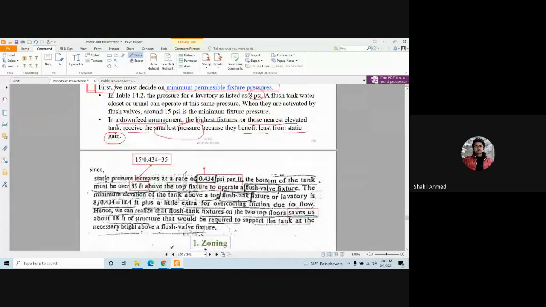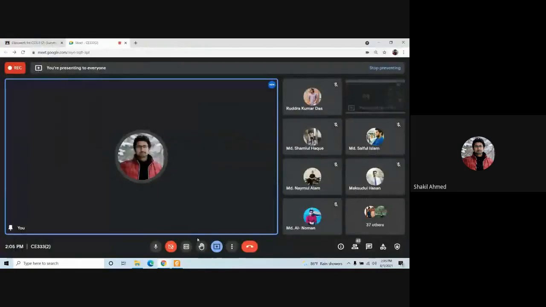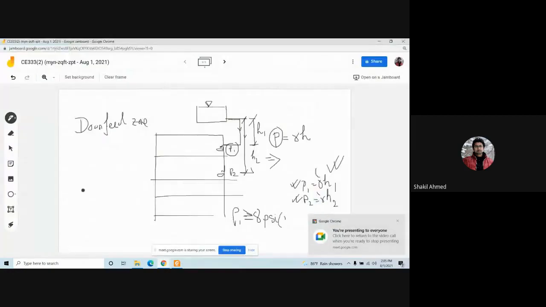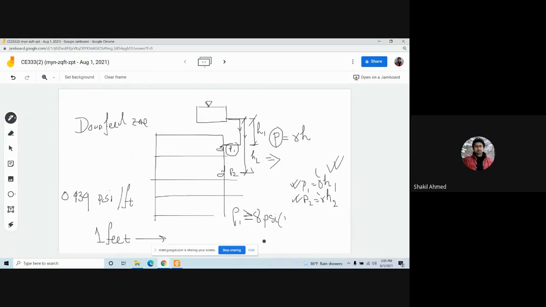Static pressure increases at a rate of 0.434 psi per feet. That means if you increase your elevation 1 feet, then how much pressure you will gain?